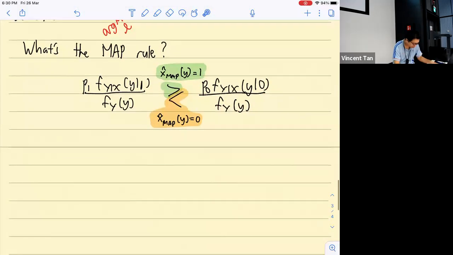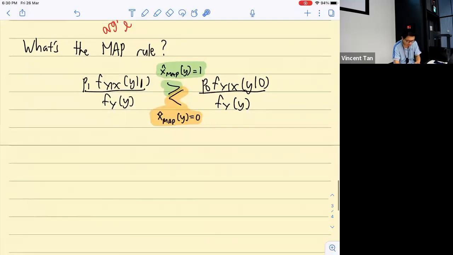But you notice that this is actually too long-winded, and you can cancel the stuff at the bottom because it has got nothing to do with 0 or 1. Any questions here? Any questions from the Zoom people? How about Ma Zheng Tian? No? Okay, very good.